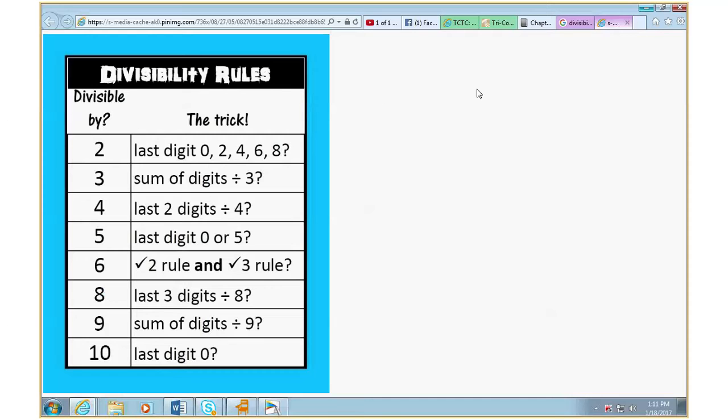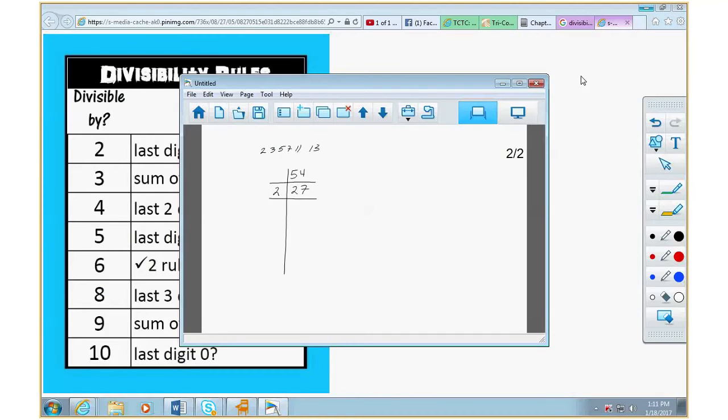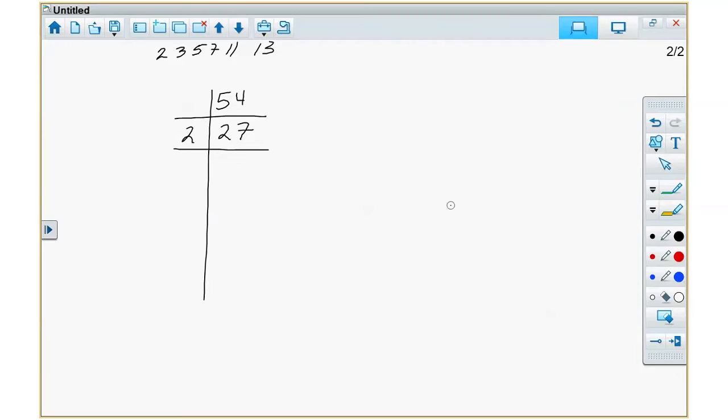But anyway, let's go back to the drawing board. So, what goes into 27? Well, the first thing I think of is 3 times 9, 27. Okay, so I'm going to divide it by 3. Why can't I divide it by 9? 9 ain't up here. So 3.